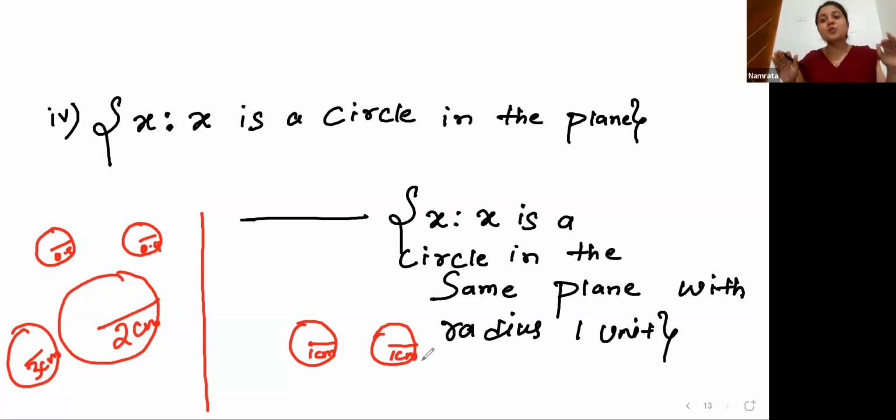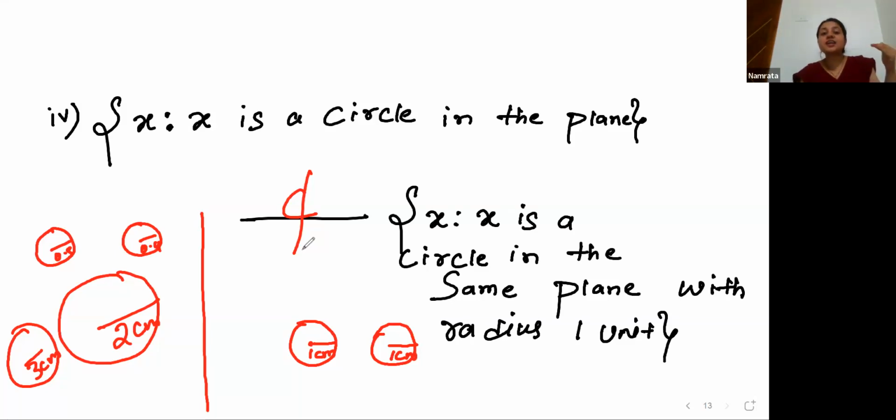No, exactly, because on the left hand side a lot of varieties are there, and on the right hand side only one particular measurement is there. So all the elements of the left hand side are not present on the right hand side, and hence it's not a subset.